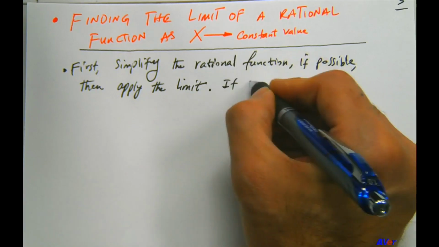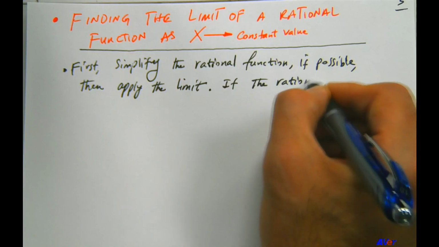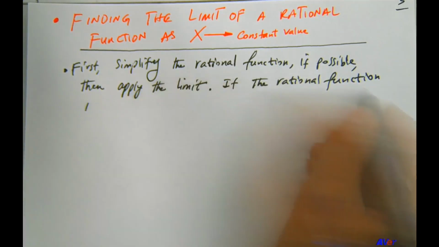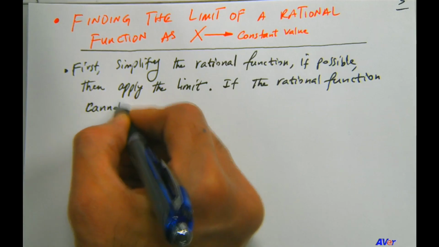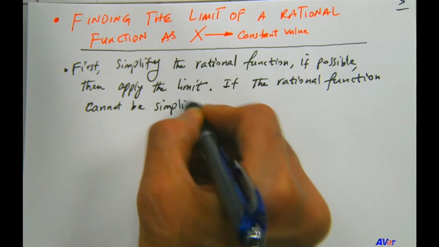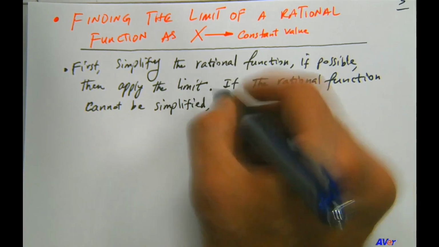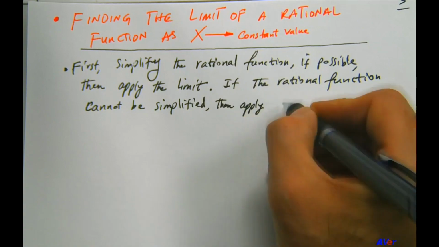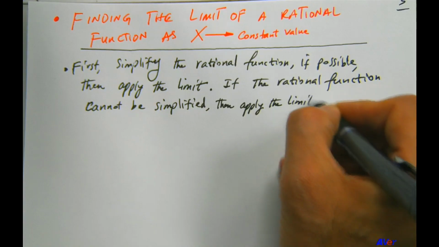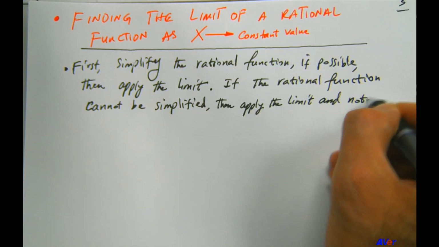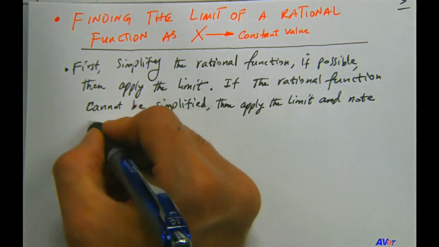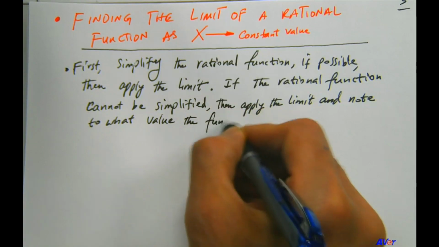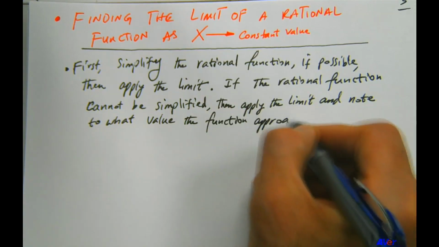And let me quickly add that if the rational function cannot be simplified, then apply the limit and note what value the function approaches.